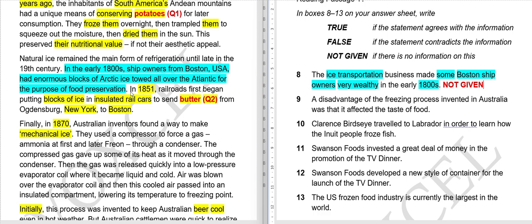Hope it is clear. Ninth question: a disadvantage of the freezing process invented in Australia was that it affected the taste of the food. So we have to find whether one particular disadvantage of the freezing process invented in Australia, not in the US, was that it affected the taste of food.